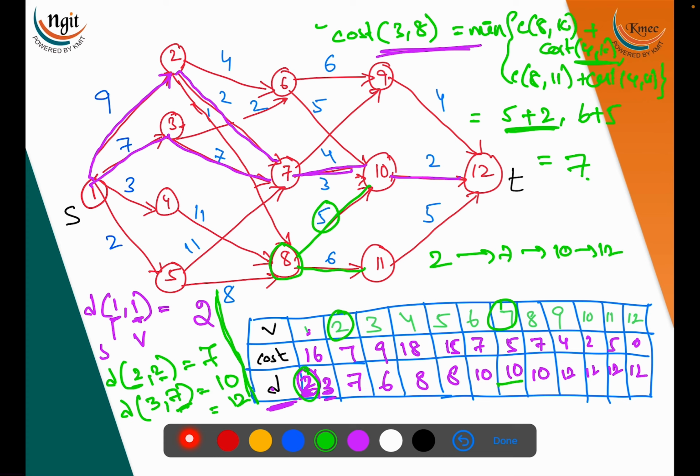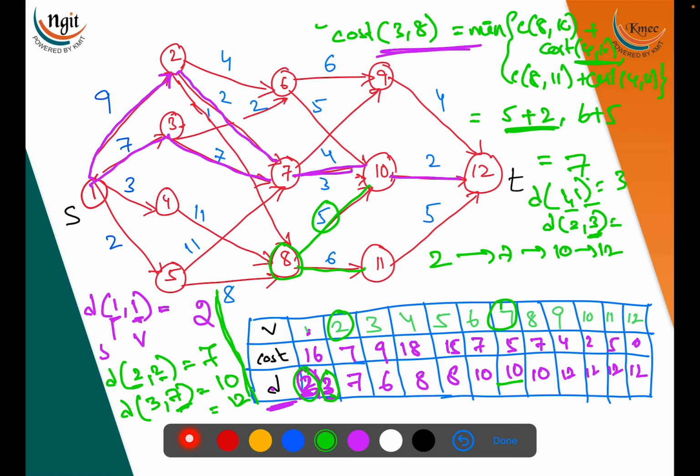The other path is, let me write down the other path. d1 comma 1, I am just changing to 3. Go to 3, first stage, first vertex, the value is 3. Choose this 3. Now go to vertex 3. d2 comma 3, where is 3 available?